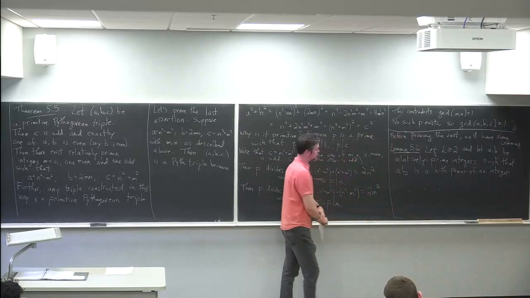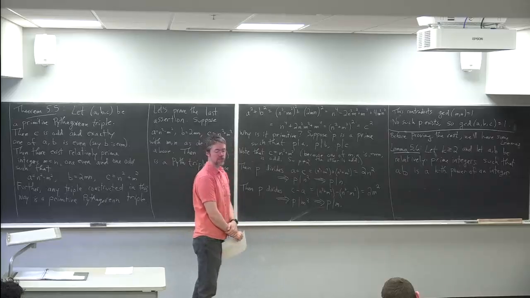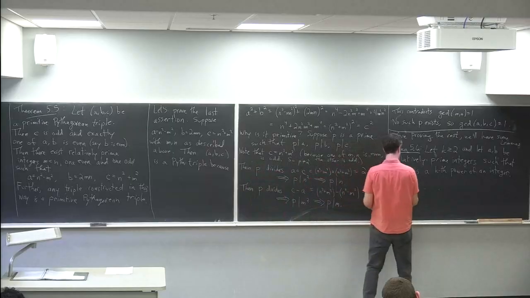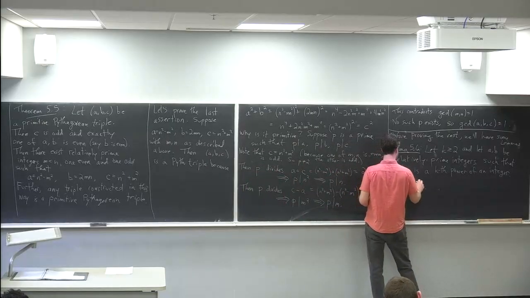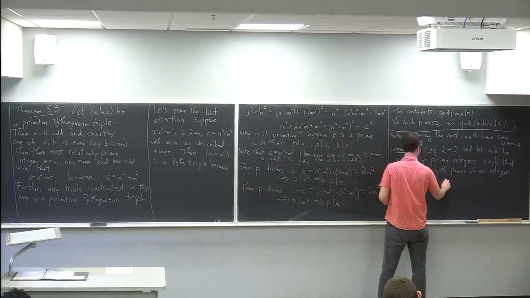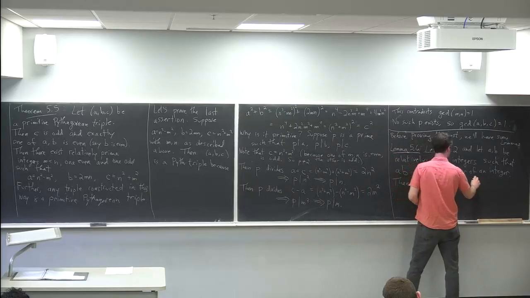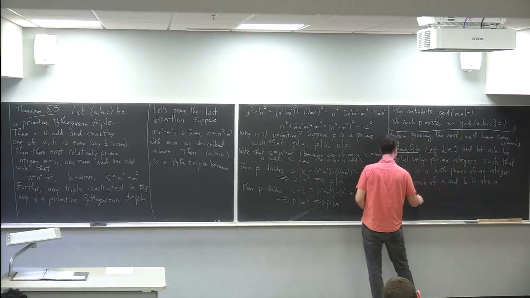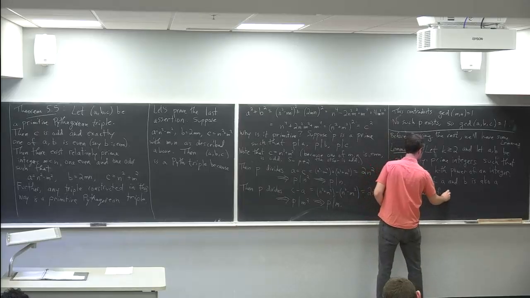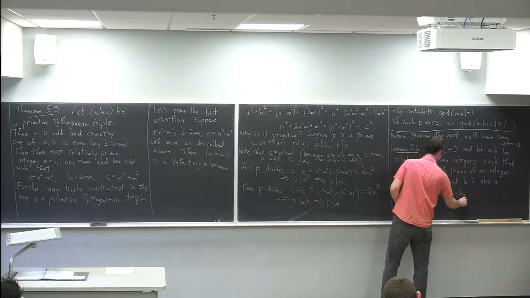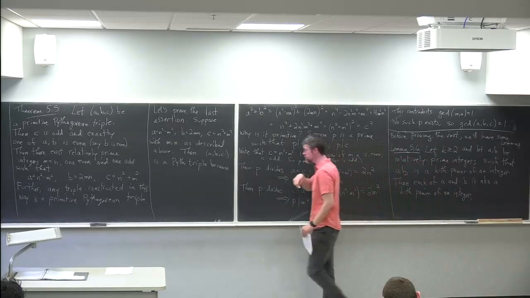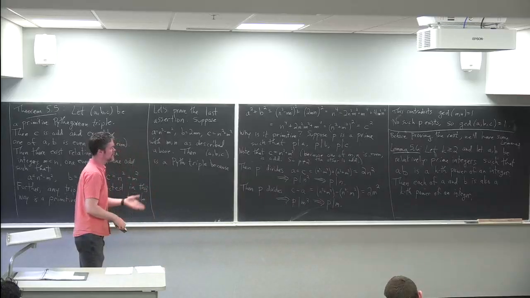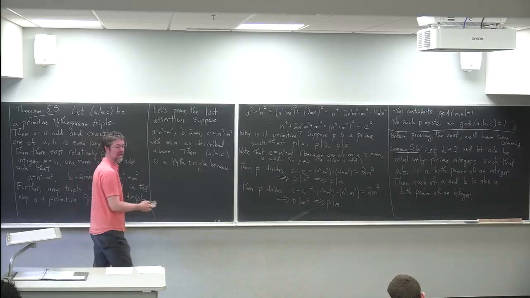But the two factors were assumed relatively prime, and the conclusion is that each of the two factors is also a kth power of an integer. Again, we'll be interested in applying this when k is 2, but it's not any harder to establish for any k.